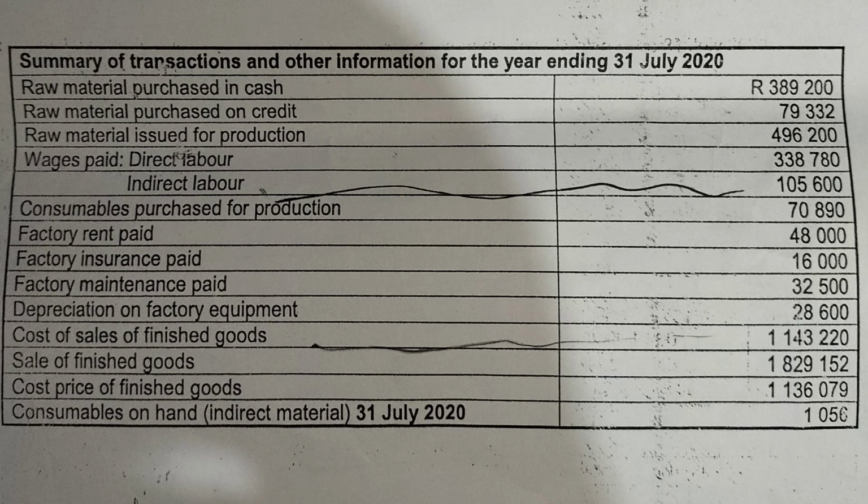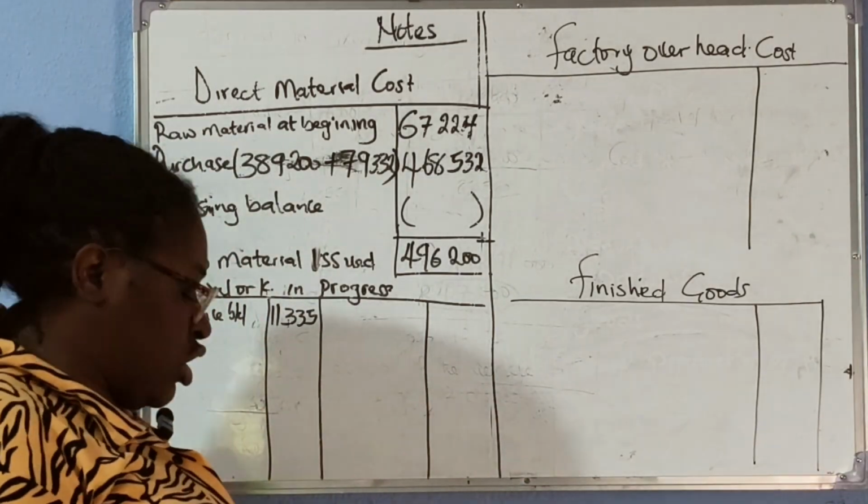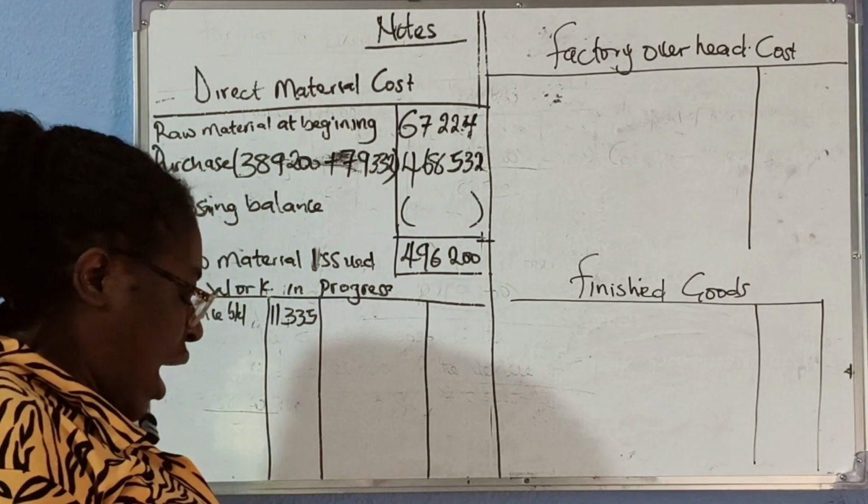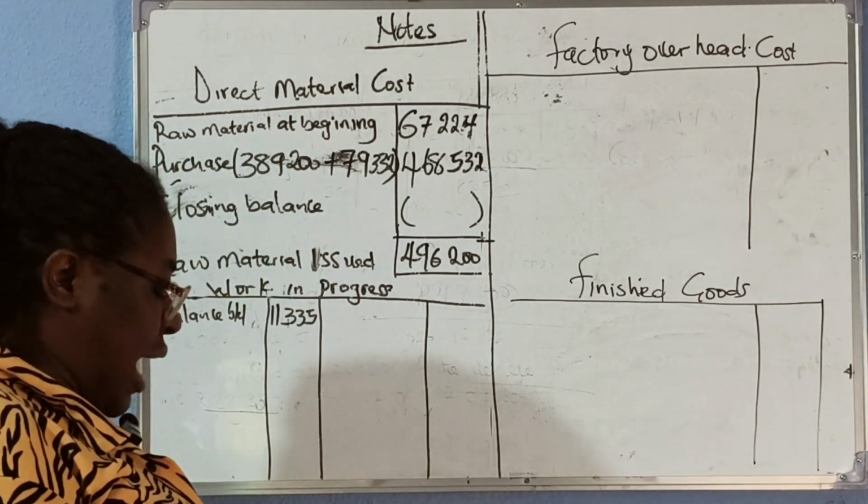Now, our closing balance was not given, but we were given the raw material issued for production, which is the final answer for our direct material cost. So for me to get the closing balance, I will have to do my calculations.